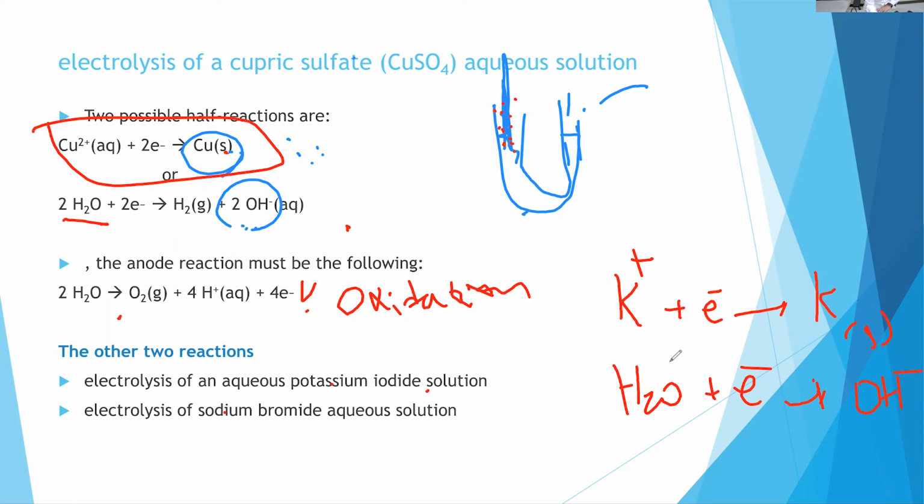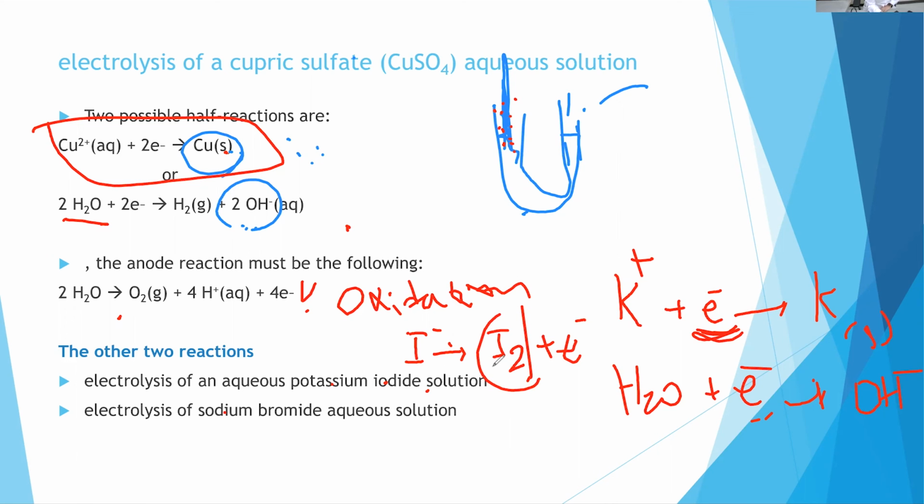And look for evidence for the reaction. This is reduction because gain of electron is reduction. Then for oxidation, iodide, if it oxidizes, is going to change to iodine plus electron. And then you are looking for evidence, did iodine form or not?